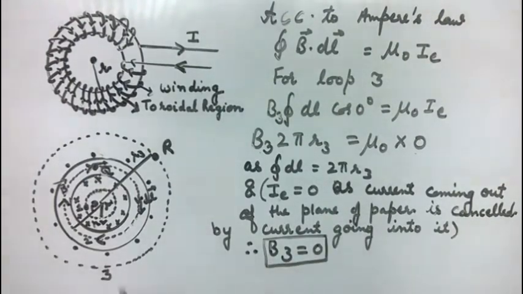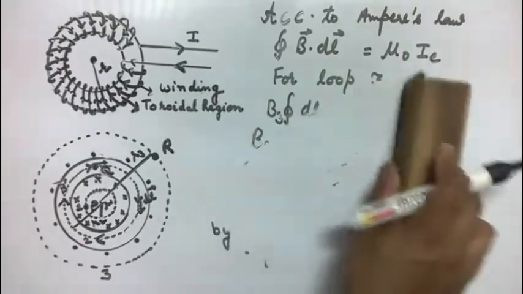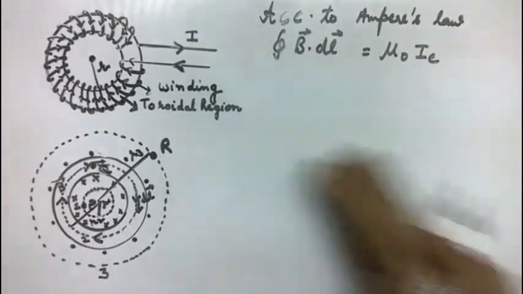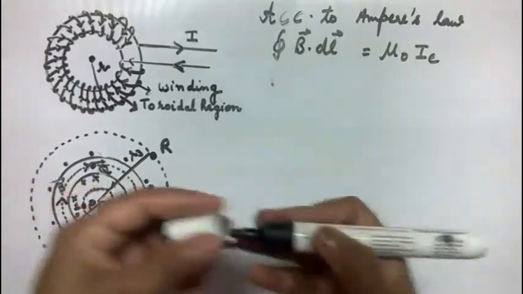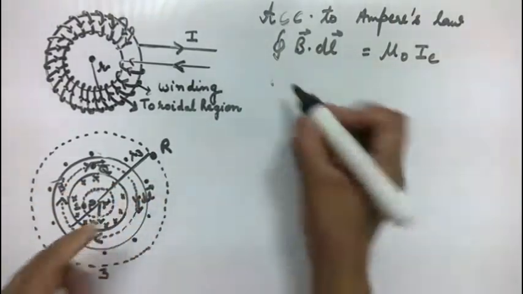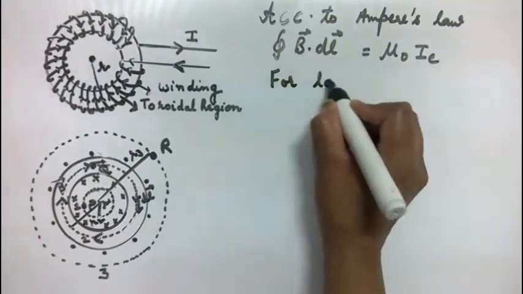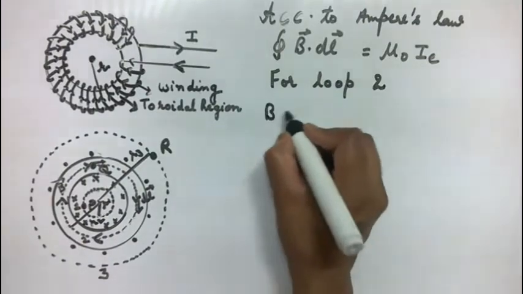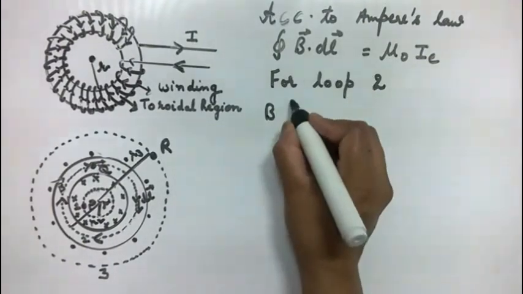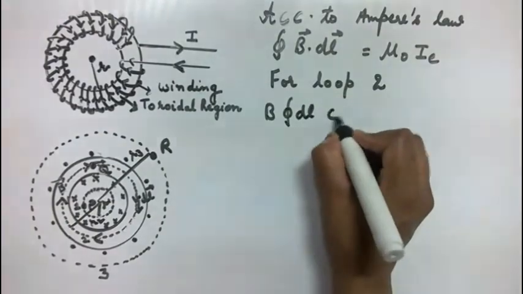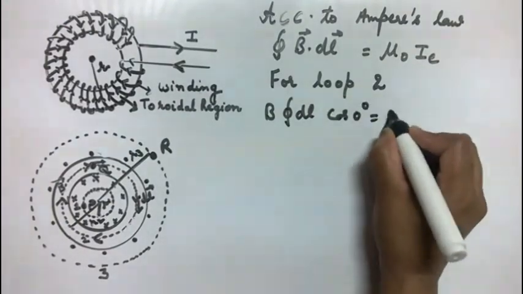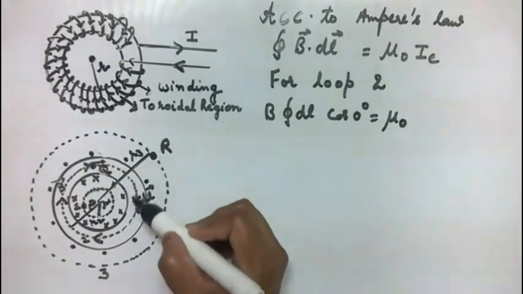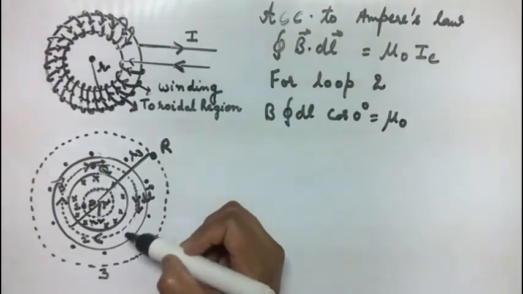Now consider loop 2. For loop 2, the line integral is B dl cos 0 degree equal to mu naught times the total current enclosed. In this loop 2 there are N number of windings.